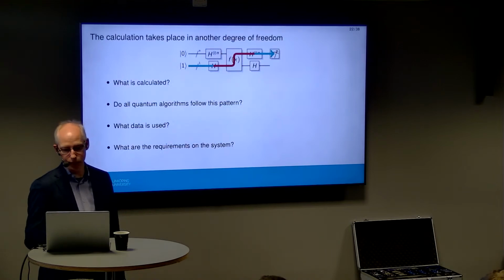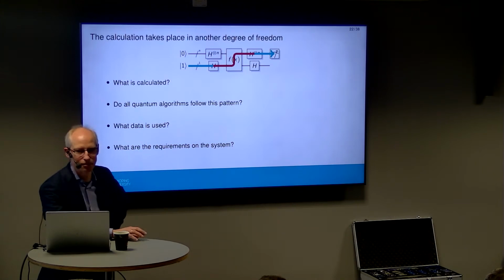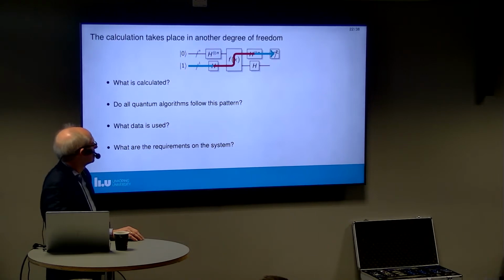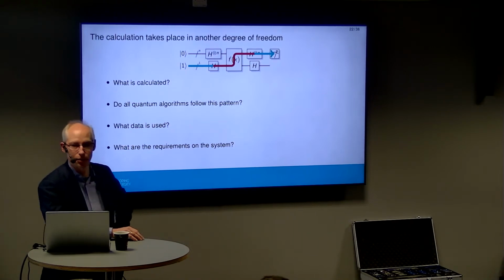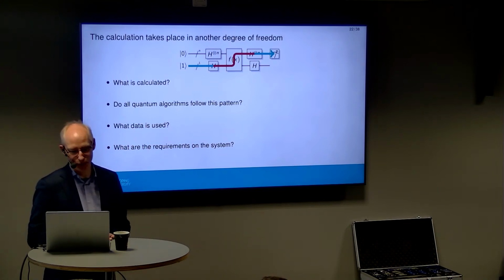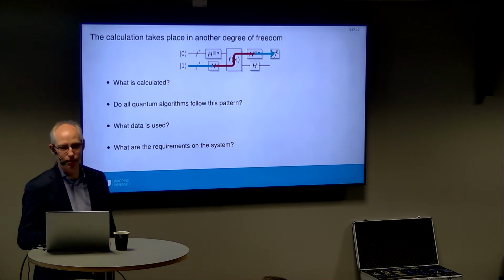So at this point, you could ask, what is calculated actually in the different algorithms we know of? You could ask, do all quantum algorithms follow this pattern? That's an interesting question now. Does this explanation always work? You could ask what data is used and what are the requirements on the system.